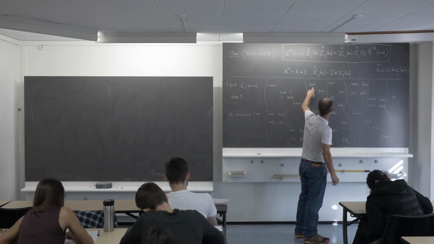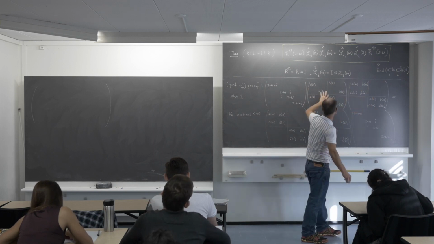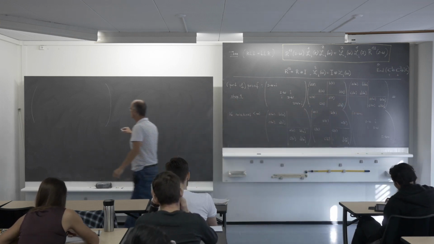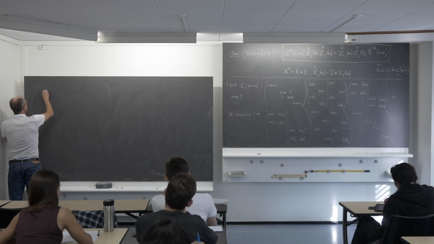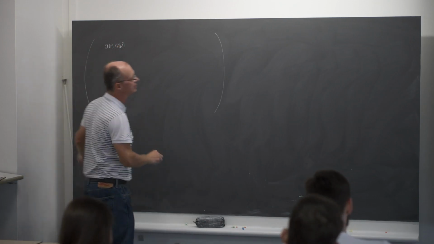Maybe you can help me. So first I will be multiplying those two matrices. Okay. So on the top row I will see A of Z, A of W, right?